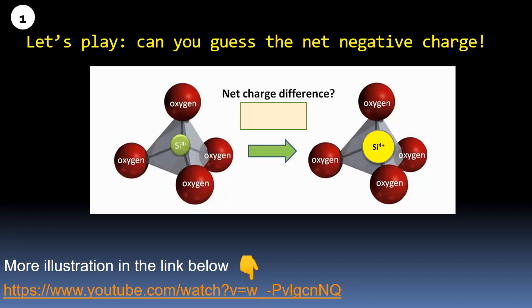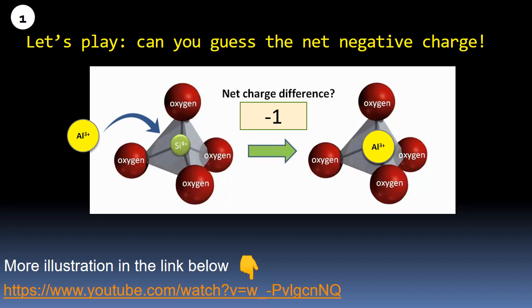So what would happen now if we exchange the silicon in the tetrahedron with aluminum, which is basically 3+? What would be the net negative charge? Think for a moment. Okay, let's see it now together. Well, when you replace the silicon, which is 4+, with aluminum, which is 3+, the same size but a lower charge, it ends up with unbalanced negative charge.